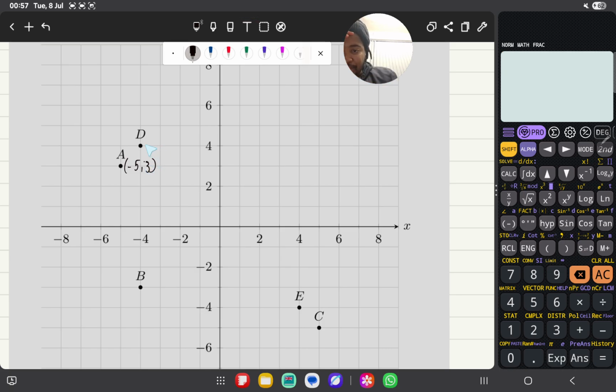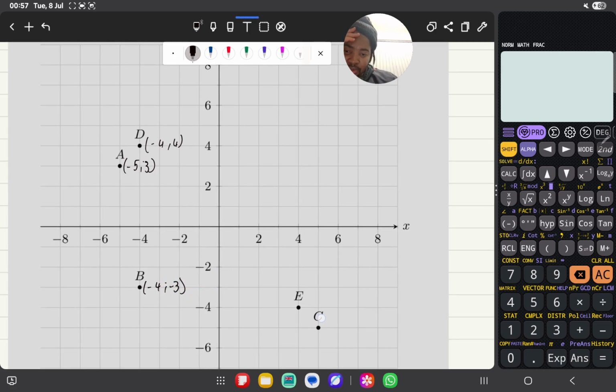Beautiful. Let's do D, because we see that we have an x value of -4 and a y value of 4. For B, we have the same x value, -4, and then -3 for the y value.